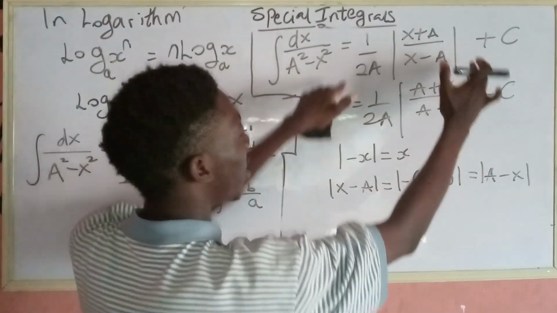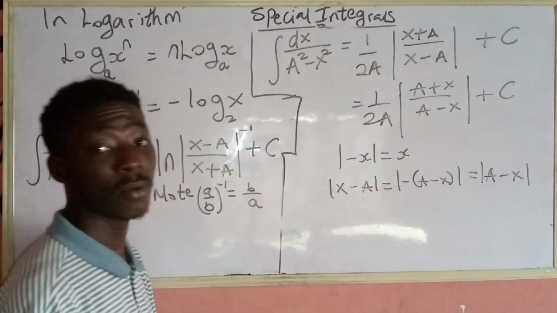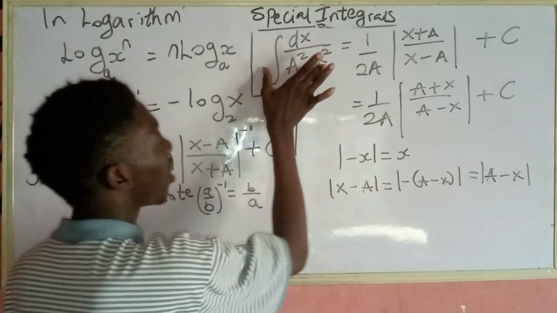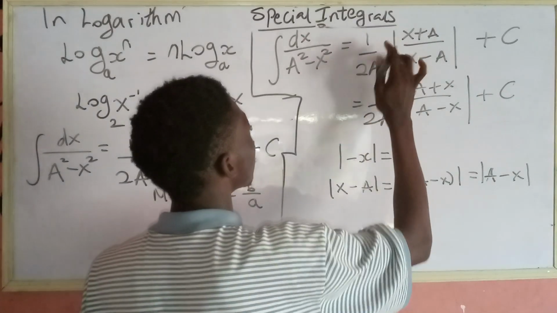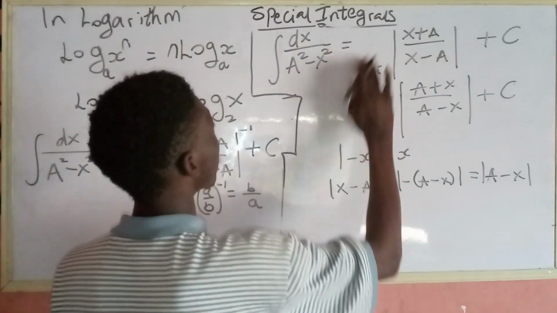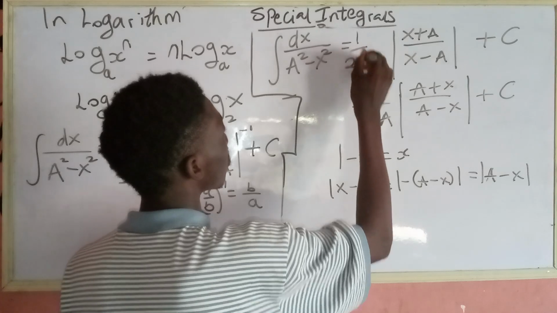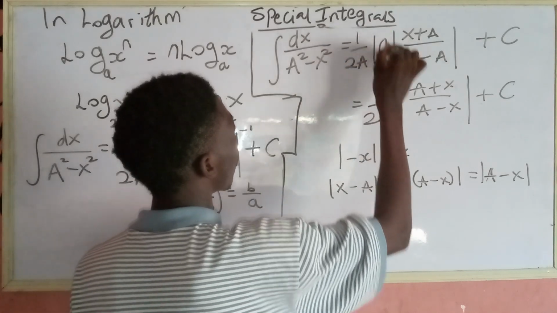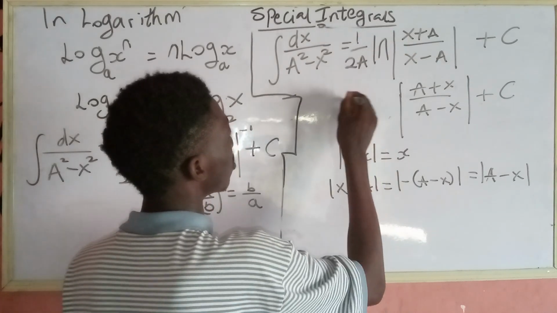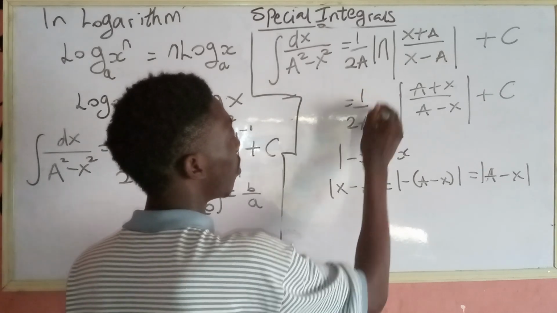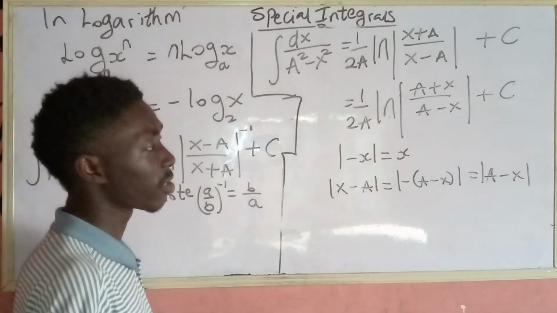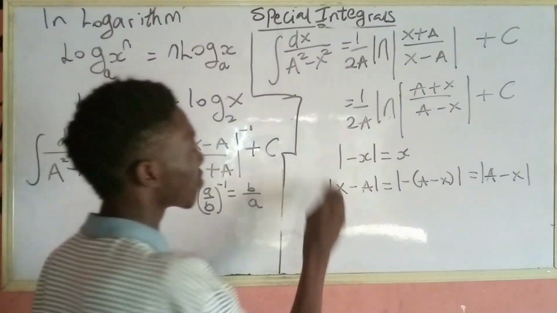So this and this are in the same form, no difference. So the answer of this is equal to this. I made a mistake. There should be a logarithm. So here is a logarithm of this.